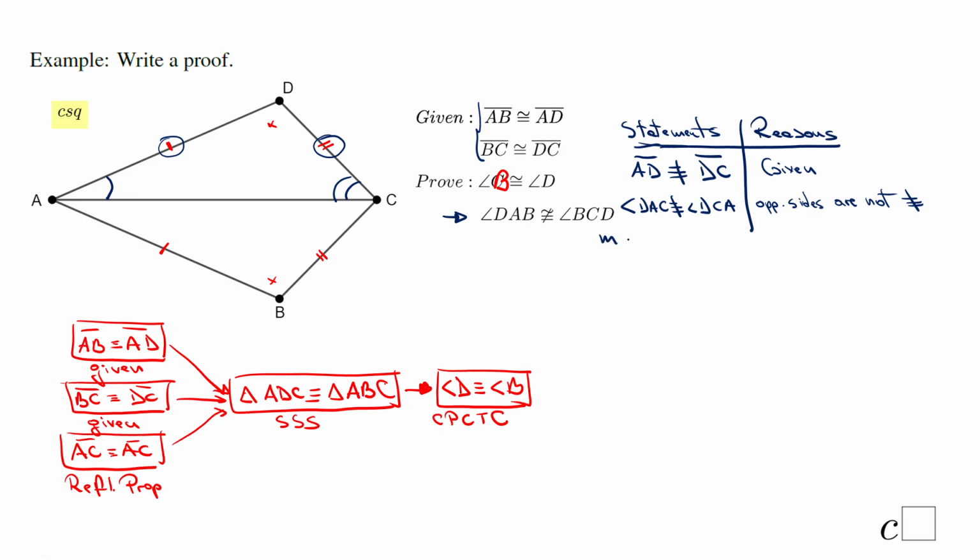The measure of angle DAC is not going to be the same as the measure of angle DCA. Okay, and this one will be angles not congruent, then different measure. Something like this is the reason.